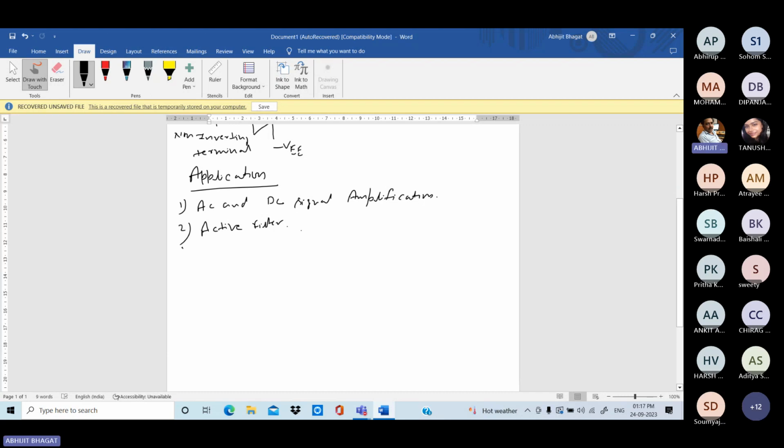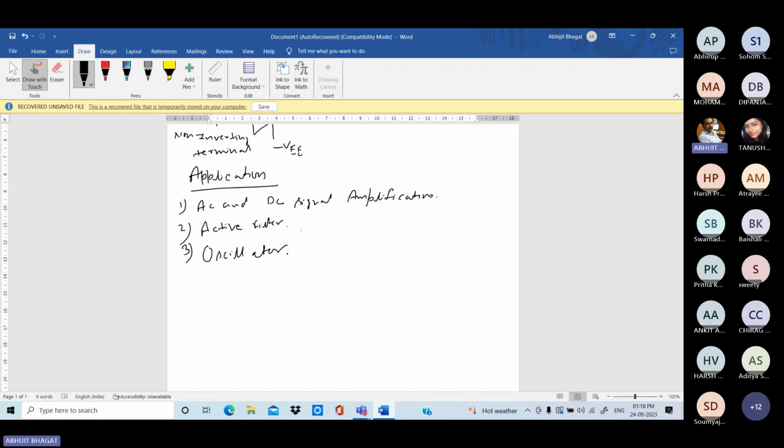Next application is that the op-amp is also used for designing the oscillator circuit. Last day, I discussed oscillation, that positive feedback is used for designing the oscillator.